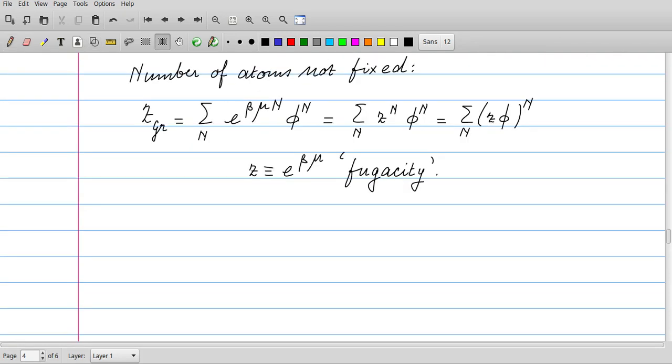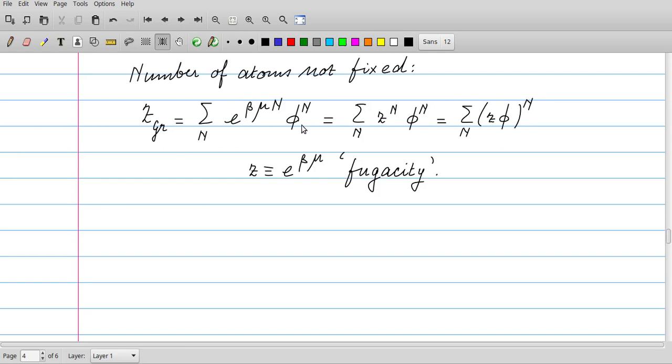If the number of particles is not fixed, as in this case, the appropriate ensemble is the grand canonical ensemble, and the central quantity that needs to be calculated is the grand canonical partition function Z grand. We calculate it as the canonical partition function for n atoms, we sum over n, and we introduce this extra factor e to the power beta mu n.